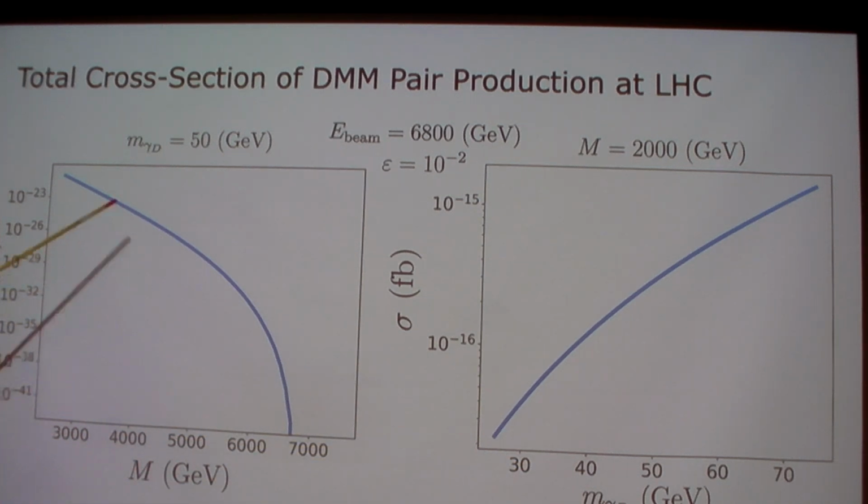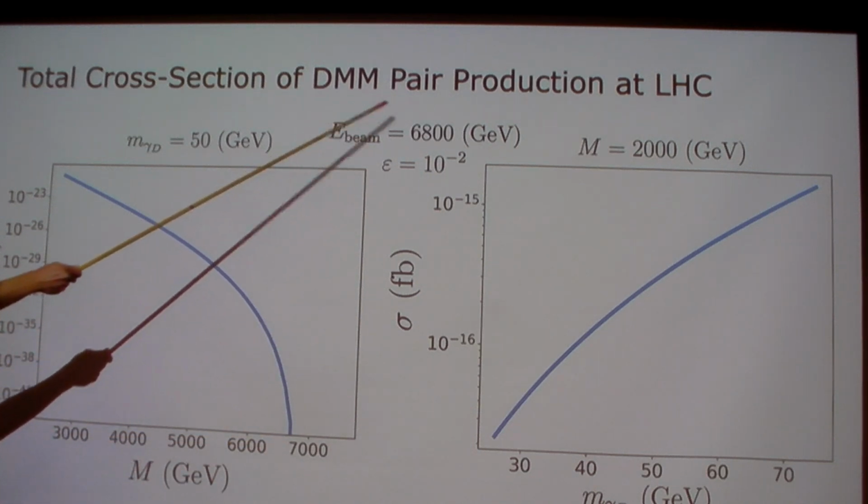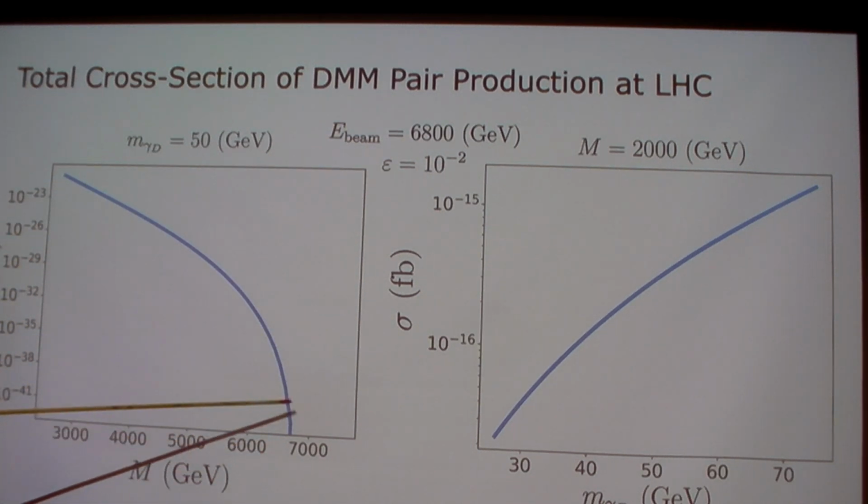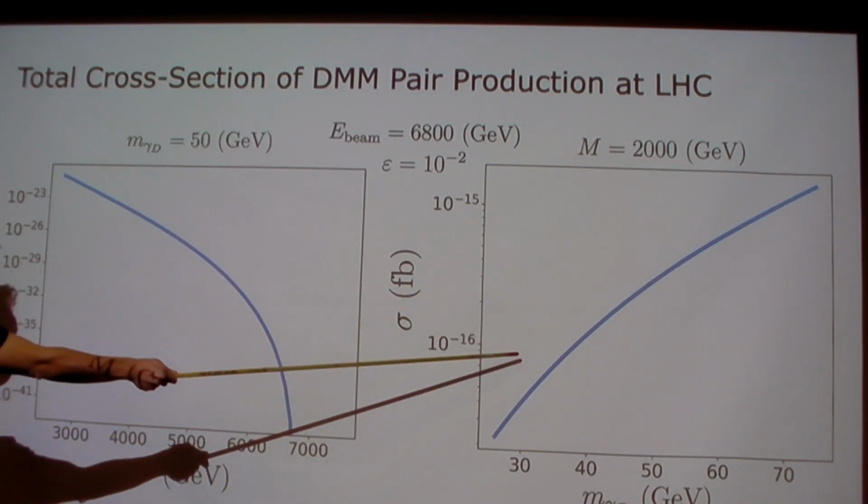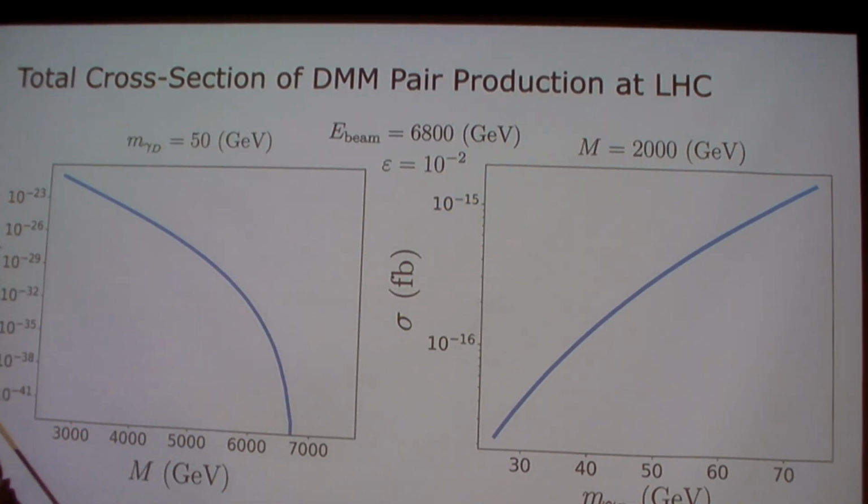And here I just fix the dark photon mass to be 50, and the dark monopole mass is like 3,000 to 7,000, which is like 100 times bigger than the Higgs mass. But I choose this range to show you that when the dark monopole mass goes beyond the beam energy, the total cross section should drop to 0. So this makes sense. And for the graph here, I choose the dark monopole mass to be 2,000, which is still like 10 times heavier than the top quark.